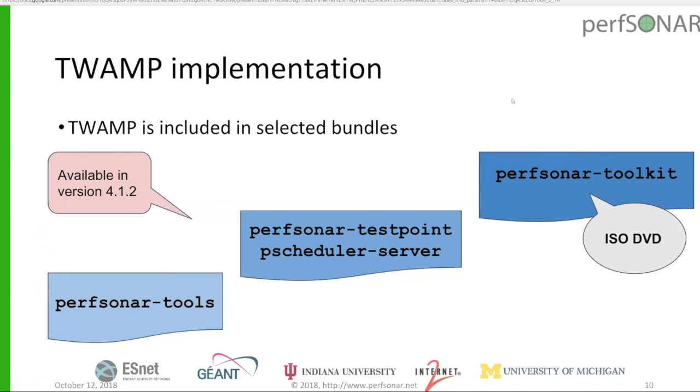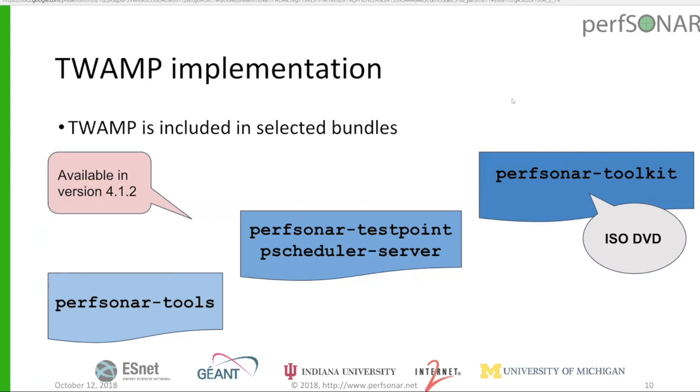If you install the full toolkit, from the DVD or from the bundle, you will get the full set of tools and services, and TWAMP is also there. In addition to that, you can also pick some smaller pieces of software from perfSONAR for your own installation, which is different from the full one, where the TWAMP capability is also there.